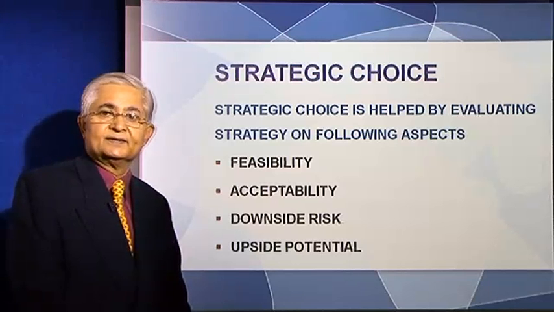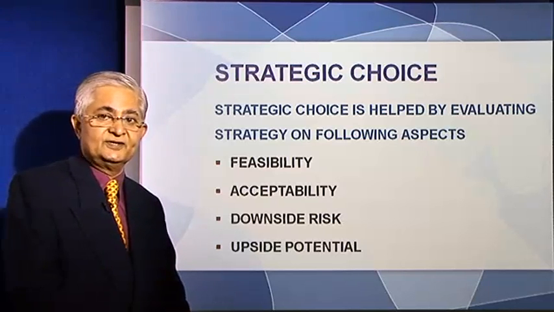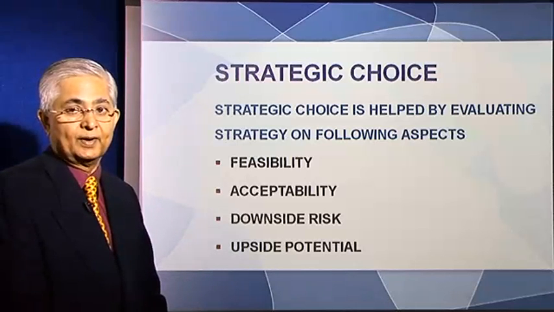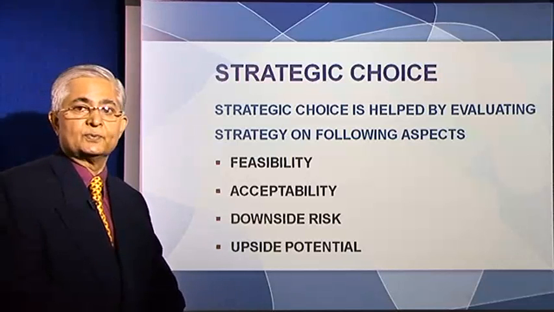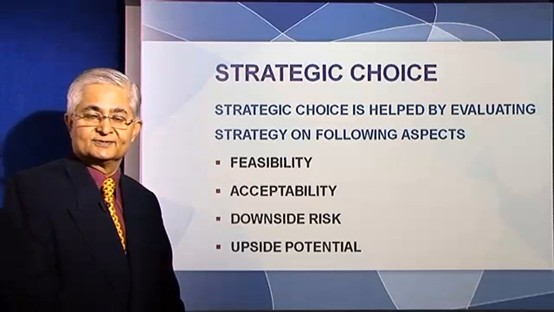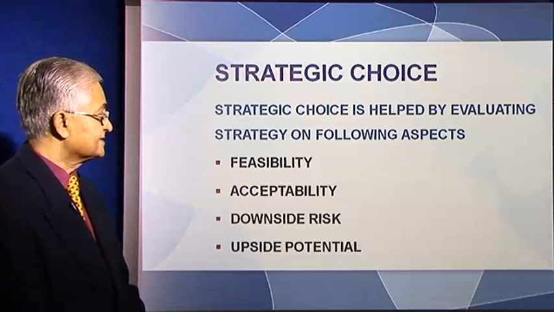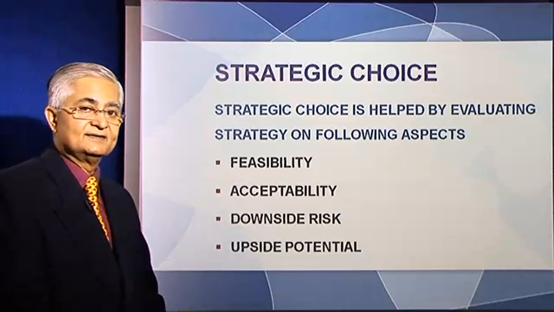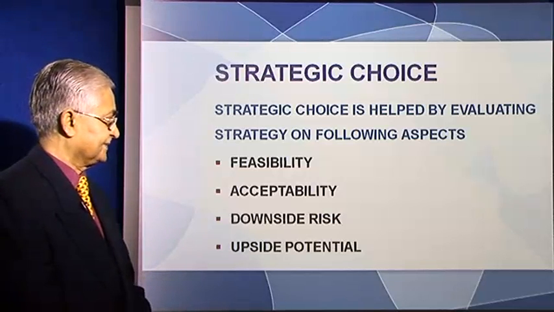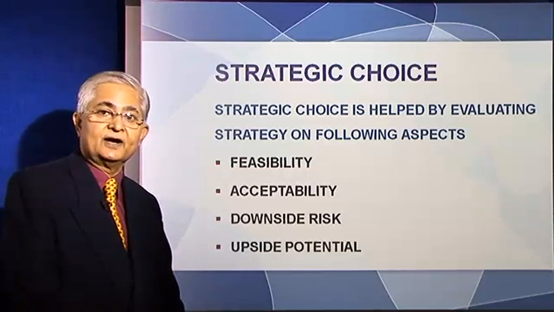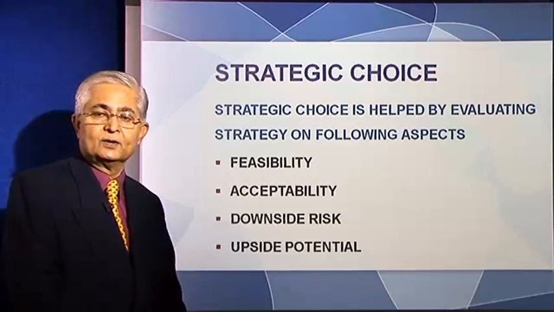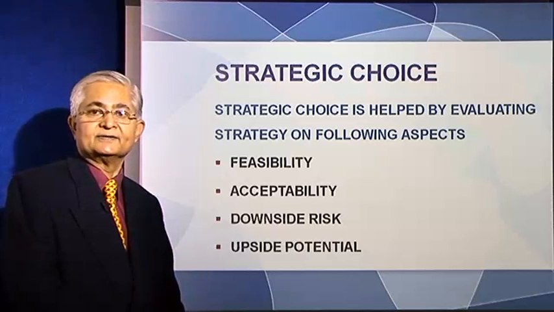Another strategy, which may have many attractive features, could give you a situation where if most things went wrong, revenue would fall by 50%, right? So, in one case, the downside risk is 30%. In the other case, the downside risk is 50%. Now, it is a question of how comfortable the company is with riding that kind of risk.